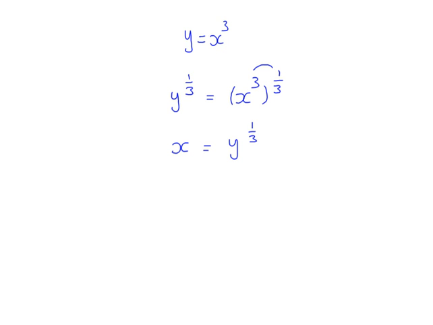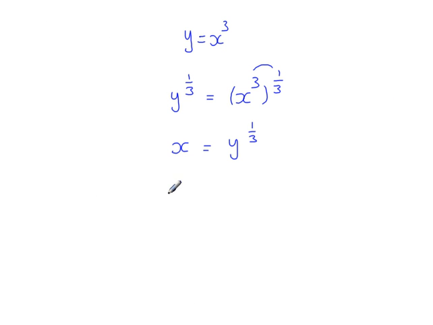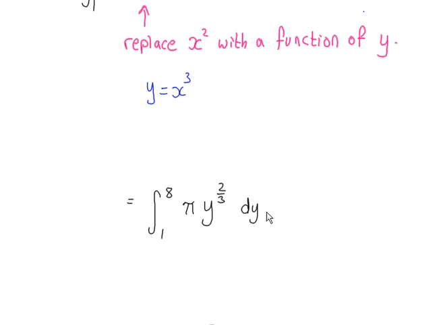But in the formula, what we have here is x squared. So now I'm going to square both sides. So x squared is equal to y to the power of, and if you square y to the power of 1/3, you get y to the power of 2/3. Squaring it, power on power rule means you multiply these, that'll give you the 2/3 there.